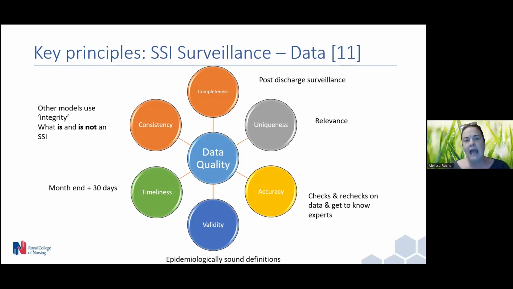And so when we had these external auditors, what they wanted was evidence that we had confirmed an SSI according to the criteria by the surgeon and that we had submitted that SSI to the national program. And it was really lucky at the time because we were getting all our consultants to email our confirm or refute.